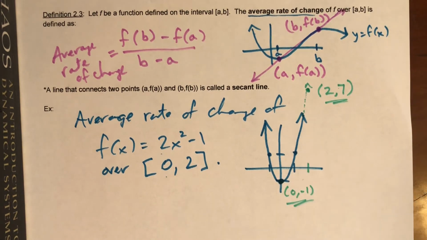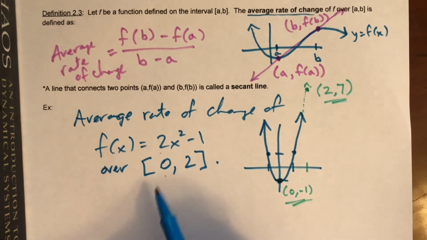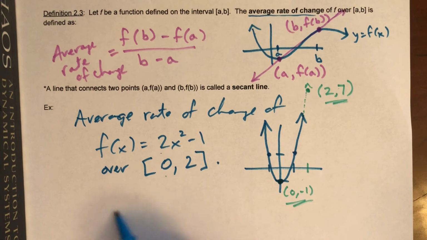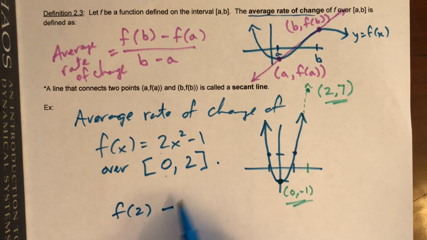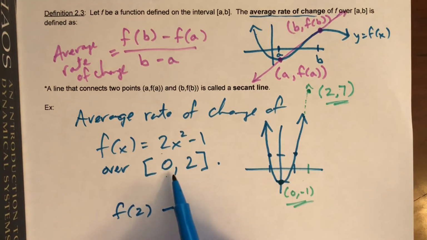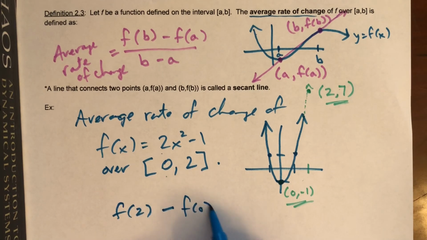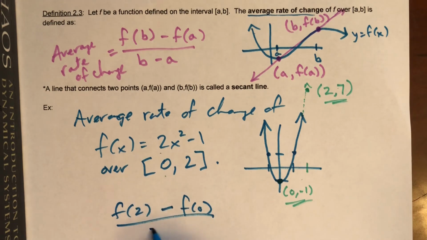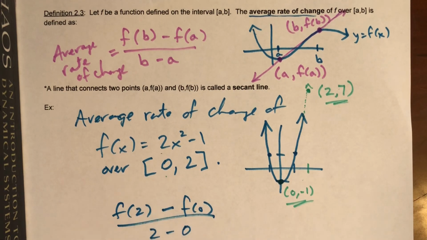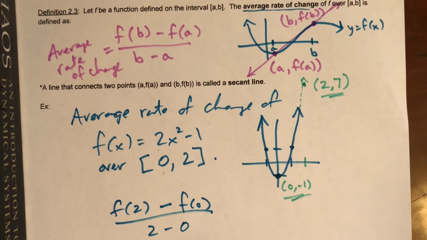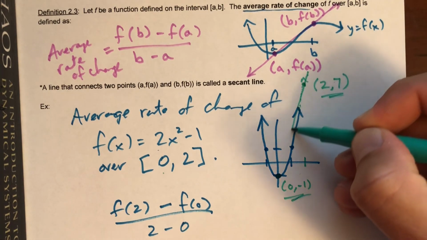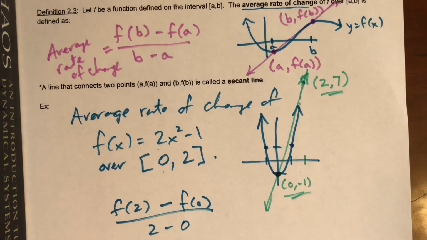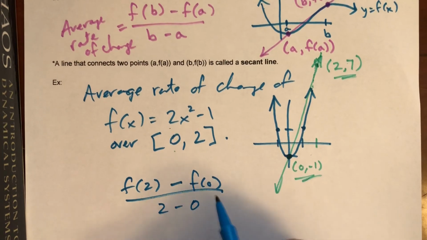So we can find our average rate of change, right? F of B, so here B is going to be 2. So F of 2 minus F of A here is 0, divided by B minus A. And again, graphically, we're finding the slope of this line right here.